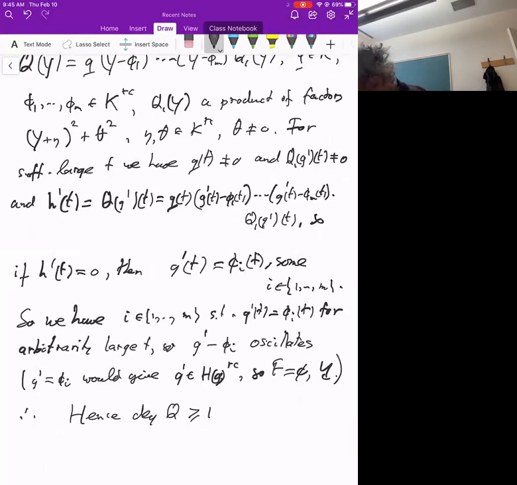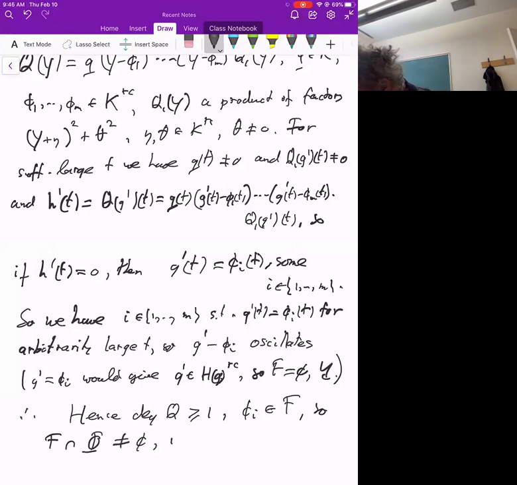And phi_i will be in F. This phi_i that we have fixed here must be an element of F. And so, in other words, F intersected with capital Phi, which I will define in a minute, is not empty.